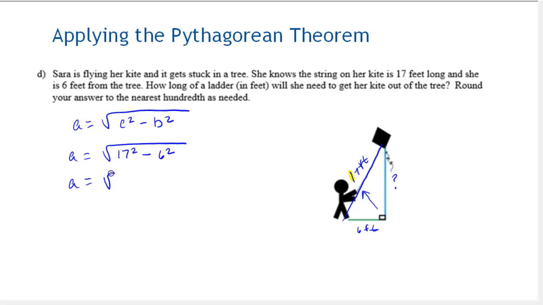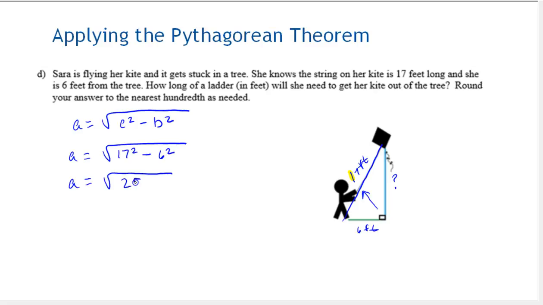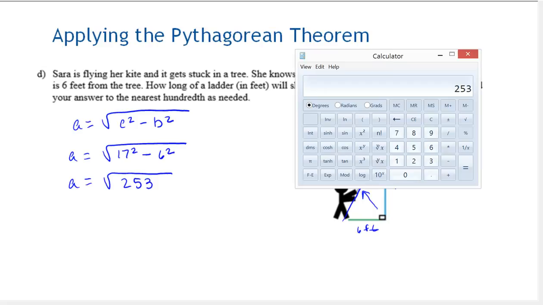Now we'll compute this on the calculator. 17 times 17 minus 6 times 6 gives us 253. I don't believe that's a perfect square. So now we're going to find the square root of 253, so we can approximate it. And we get about 15.9.